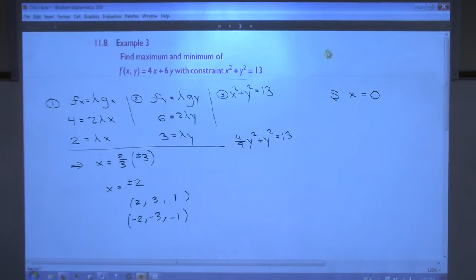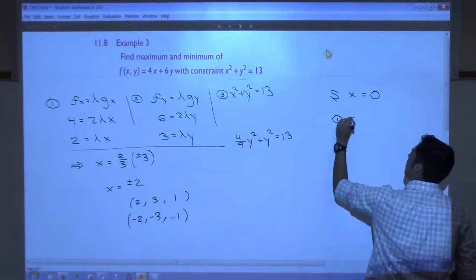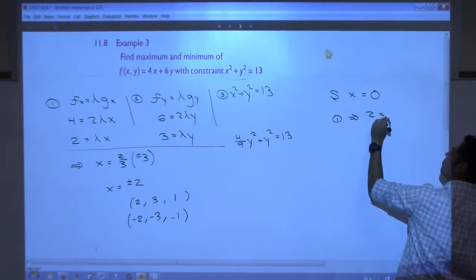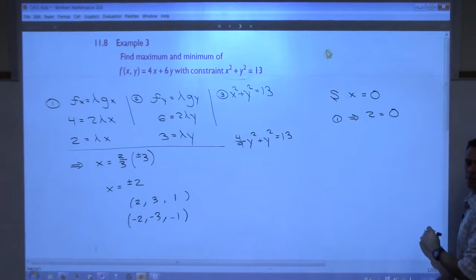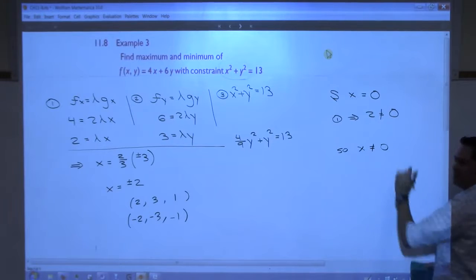But you've got another problem. Look at your first equation. If x is 0, what does your first equation say? Equation 1 says that 2 is equal to 0, right? And it's not. Which means x can't be 0, OK?